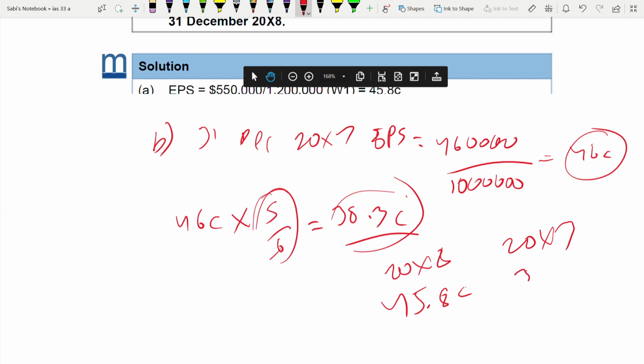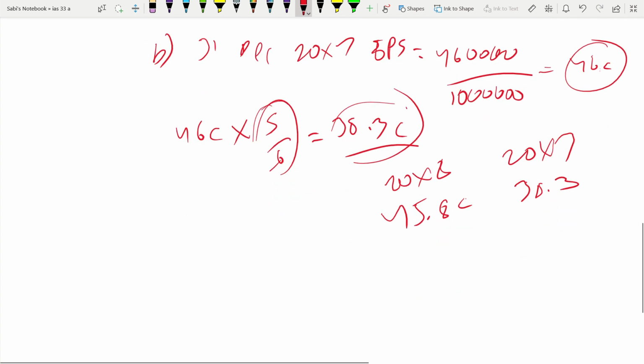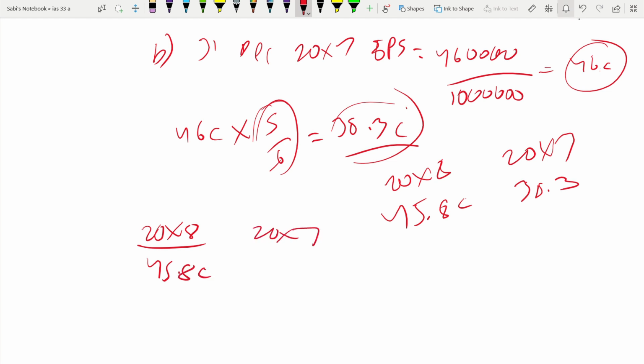So now it is 38.3. You need to understand it logically. 2008 with the bonus, it was 45.8 cents. 2007, once you have adjusted for bonus, it is 38.3 cents. You see, it increased from 2007 to 2008, which should be the case because that's why you are doing the bonus issue.